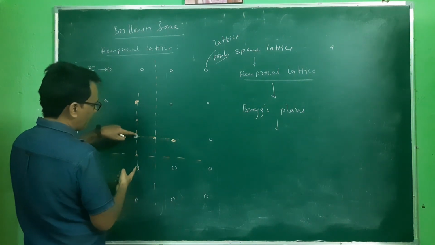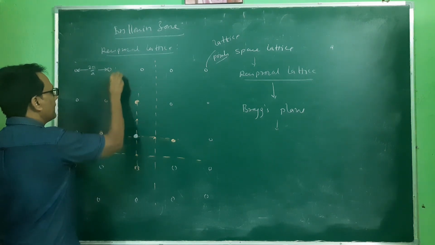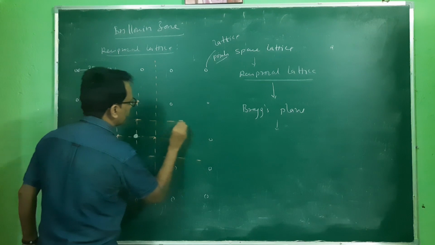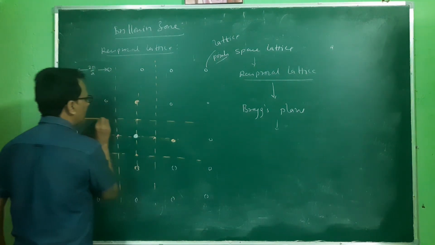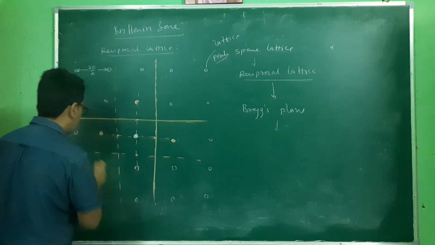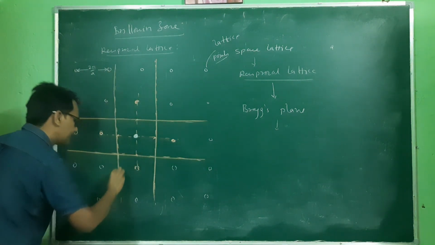The bisector of this line joining is this, and the bisector of this will be somewhere here, and the bisector of this atom. So this is one bisector, this is another one, this is the third one, and this is the fourth one.